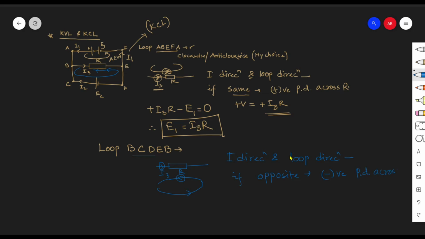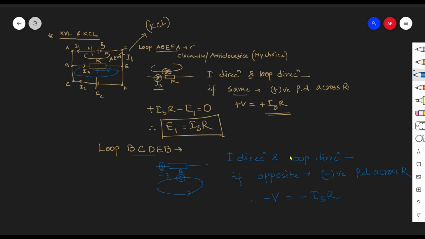Kirchhoff's current law, you do understand, whenever current is driven from one terminal, at that terminal the same current will be entering. The current I1 driven from the E1 supply, the same current I1 enters into E1, that means the negative terminal of E1.